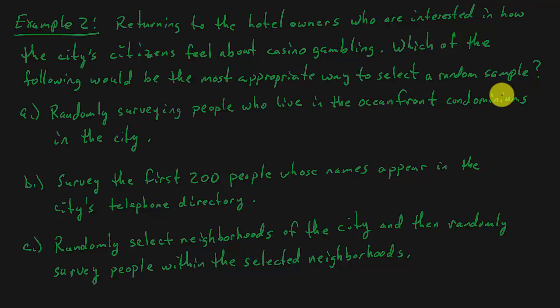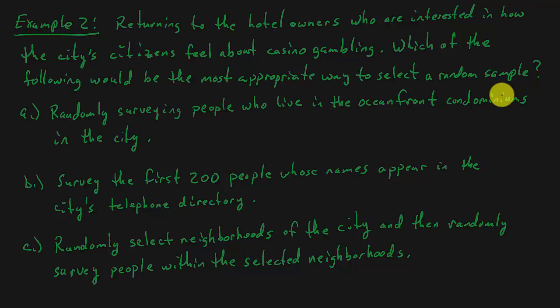Maybe you can number the neighborhoods 1 through 100, then use a random number generator to generate, say, 20 numbers. Whatever 20 numbers come up, those are the neighborhoods you select.